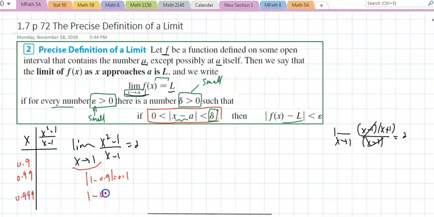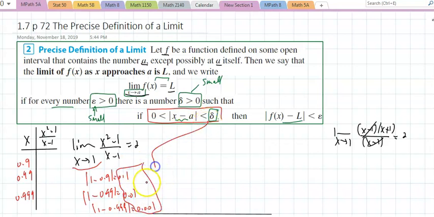So the difference between those is a very small number. This right here is the delta they're talking about. Now what happens? When I plug this in, I'll get 1.9, I'll get 1.99, and I'll get 1.999.